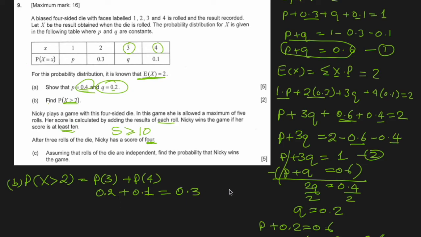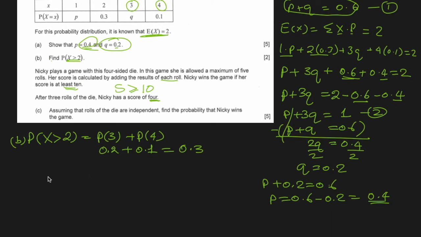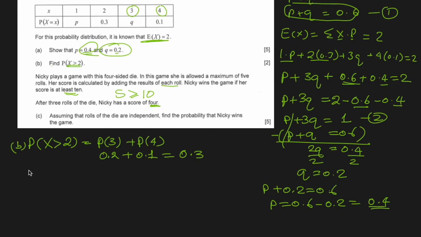Okay, that means she gets 6 or more. So how can she get 6 or more? Let me list them. With 1, we can't get a score of 6, because there is no 5. So 1 does not give us any score of 6. 2 plus 4 will give us 6, and 2 plus 3 will be 5, so that doesn't work. 3 plus 3 will be 6, and 3 plus 4 will be more than 6.